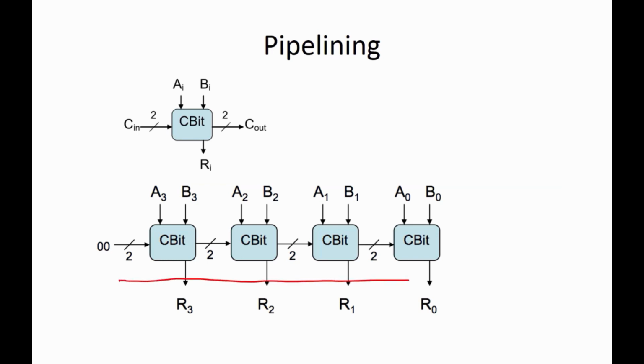We now want to isolate the low-order C-bit module. To do this, we draw an additional contour that crosses the outputs R3 through R1, then passes between the 2 low-order C-bit modules, and finally crosses the A0 and B0 inputs. Remember that every time a contour crosses a wire, it means that we are adding a pipeline register.